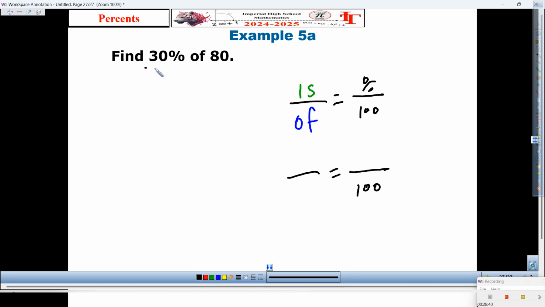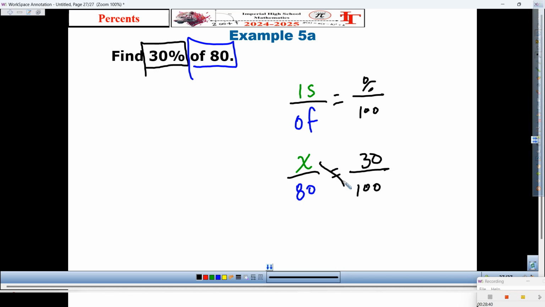Find what? 30%. Where does the 30 go? Tell your neighbor, where should I put the 30? Yeah, on top over here. And then it says what? Of 80. Where should I put that one? On the bottom. So if we don't have the top, we label that X.